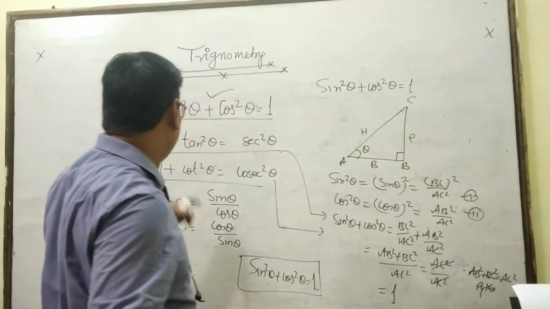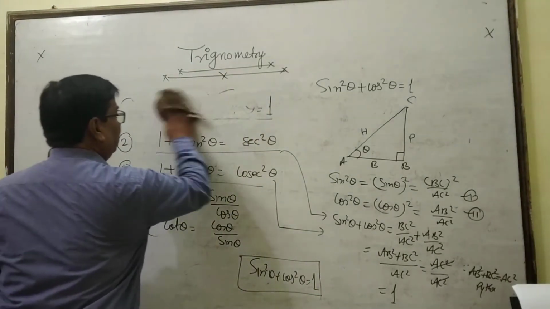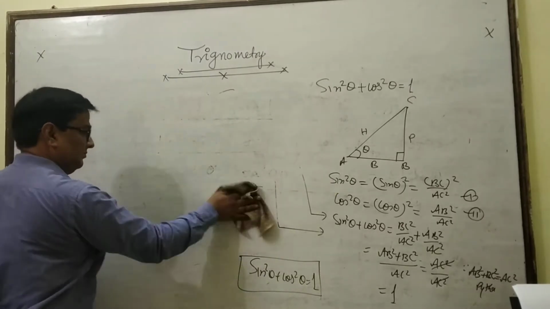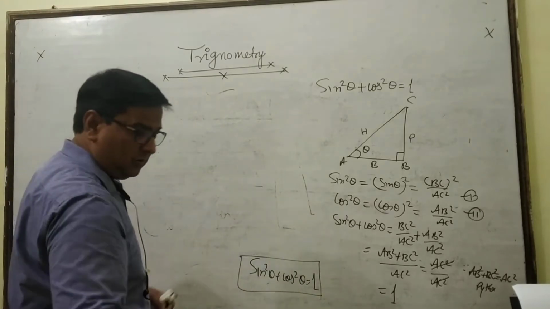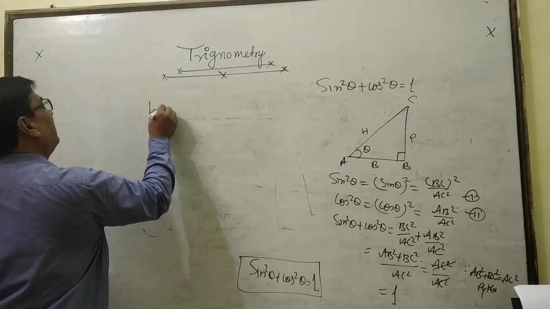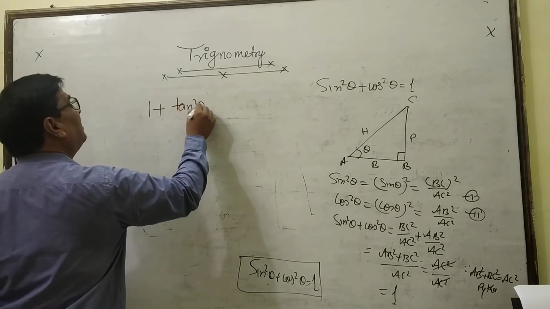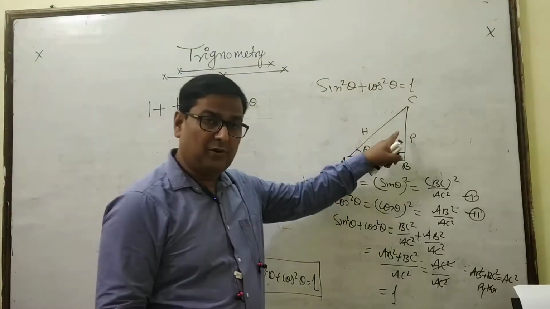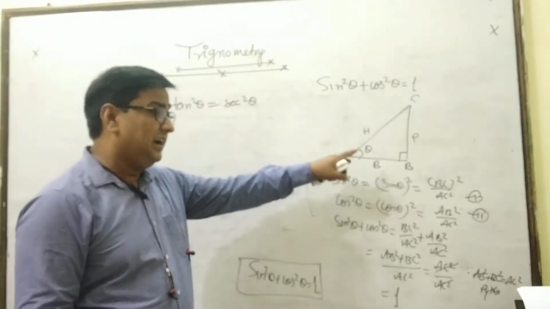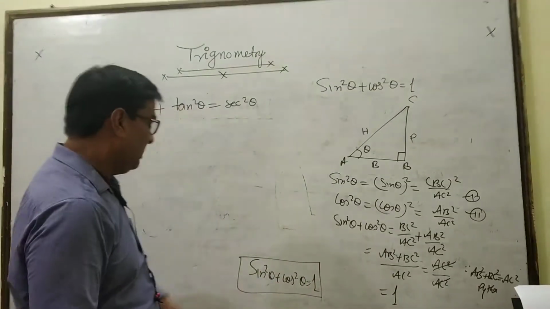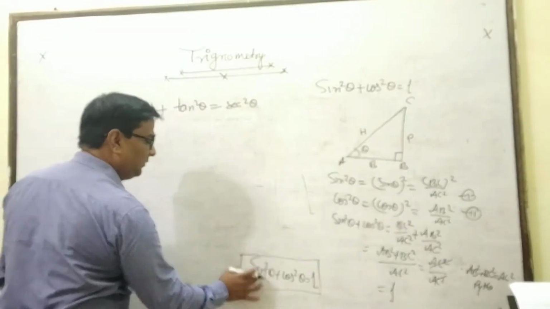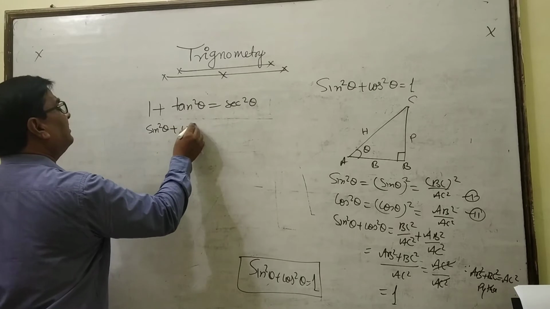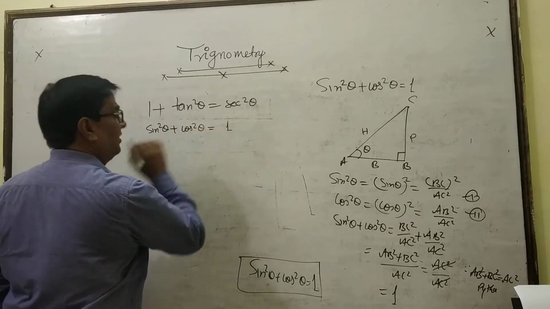And the second one to prove is 1 plus tan square theta is equal to sec square theta. Look here. You can derive it with the help of basic trigonometrical ratios, and you can also derive it with the help of the first one. How will you derive it with the help of the first one? First, sine square theta plus cos square theta is equal to 1.